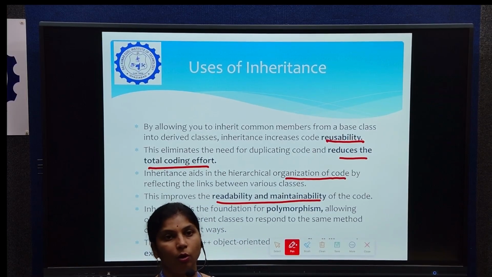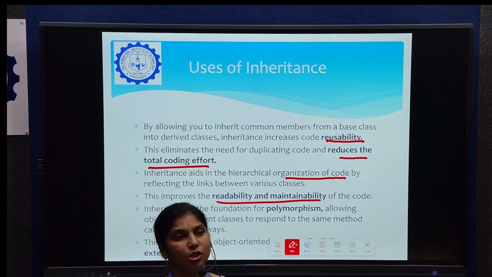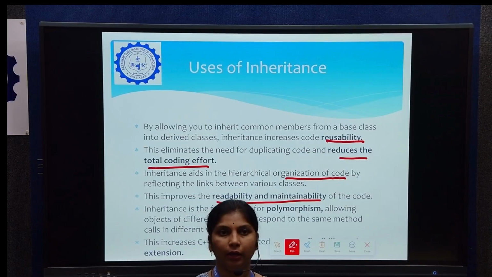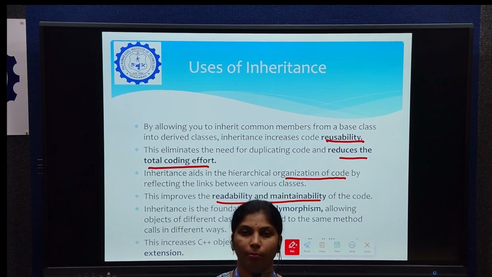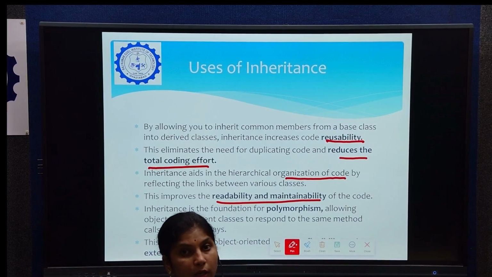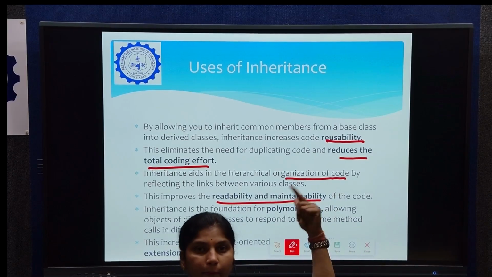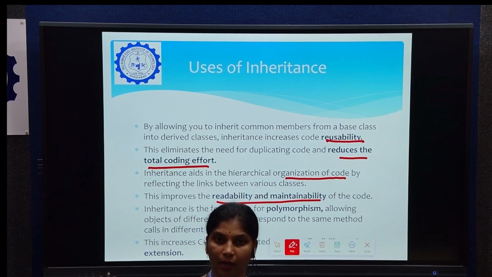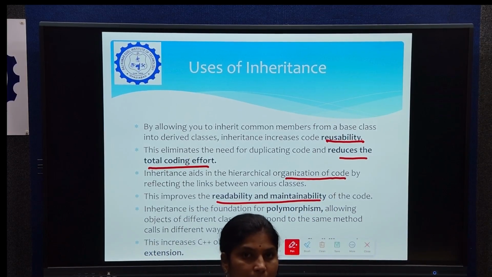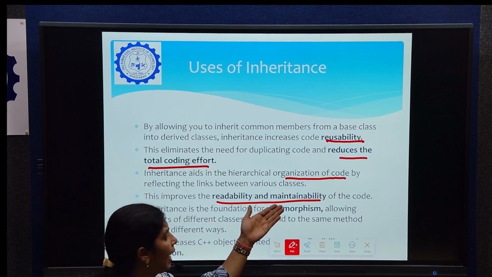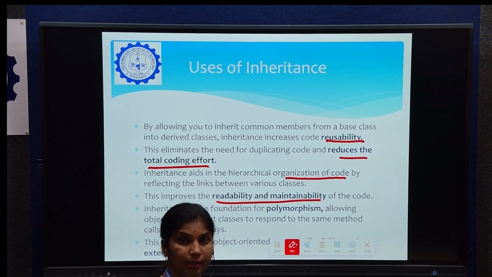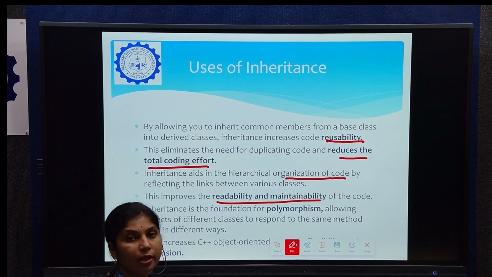There is no need to update data at a number of places, because we are simply reusing that parent class code, which is inherited by several other derived classes. So readability and maintainability are both improved here.